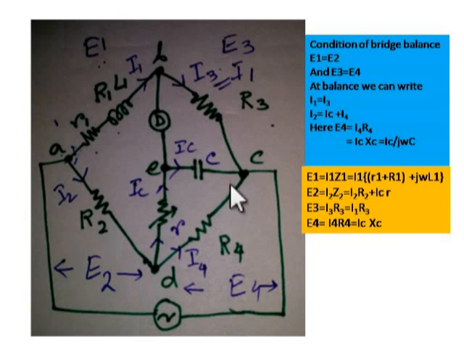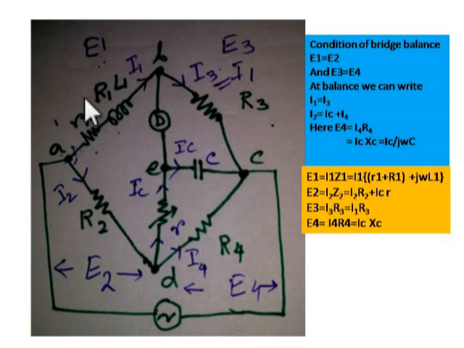Now just think, at this point between E and C, IC current is flowing. So this IC into capacitive reactance, this drop, IC into XC, that is IC by j omega C, is equal to E4.